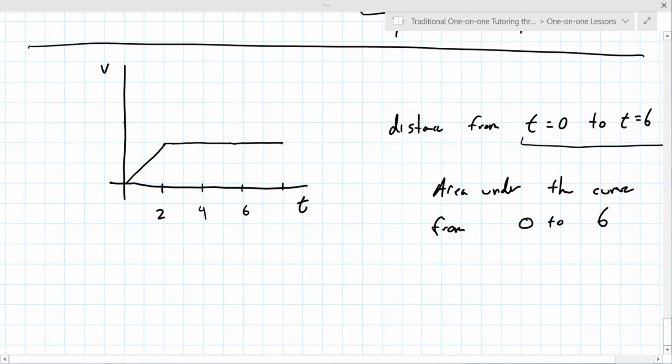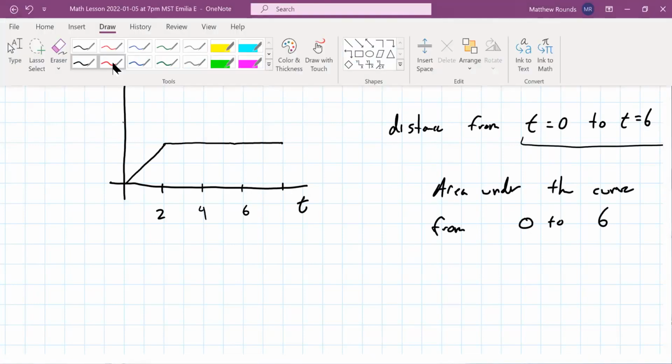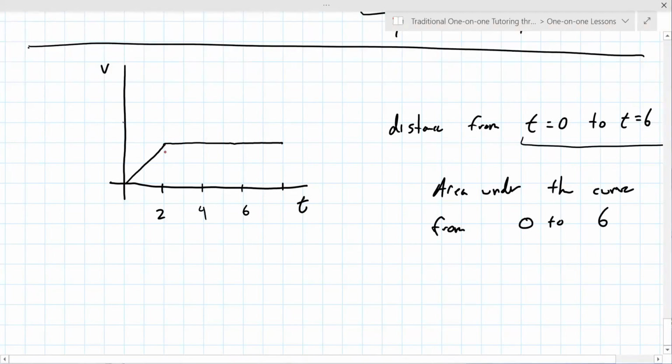This is where you can do different shapes under it. Yes, you absolutely can here. Maybe you visualize triangles and rectangles. You could also visualize this as a trapezoid. It's whatever you see.